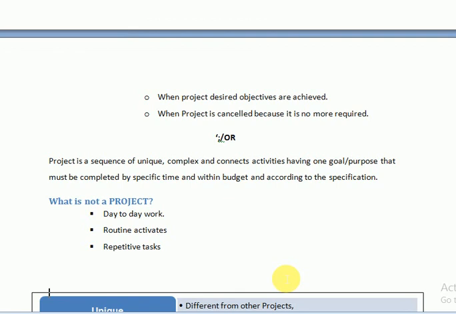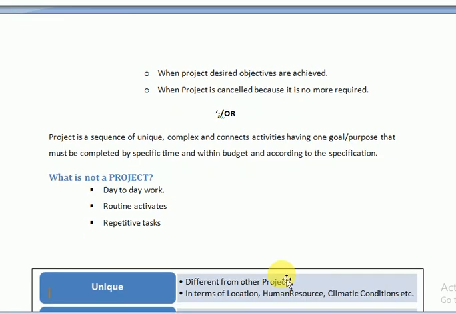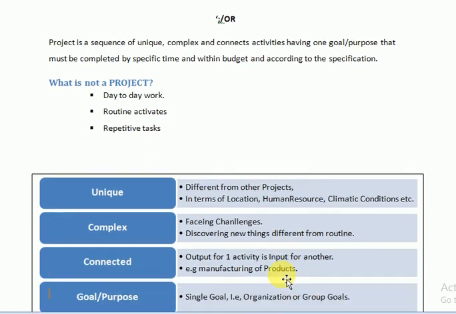That is an activity, but it should not be considered a project. Similarly, repetitive routine activities: we take food daily, we take tea. These are not called projects. They do not come in the category of projects.